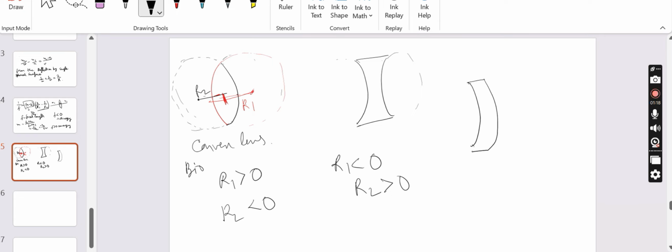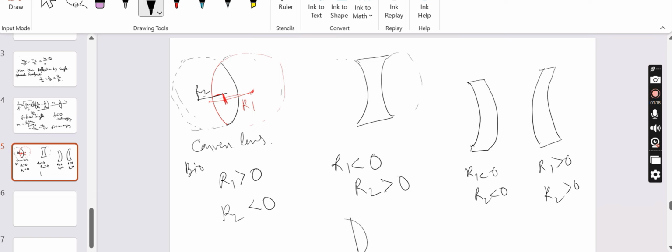And there is the case where both are negative, and there is the lens case where both are positive. And this is plano-convex. If this is R1, here R2 is negative, and R1 is infinite.